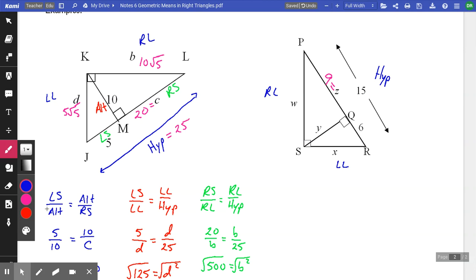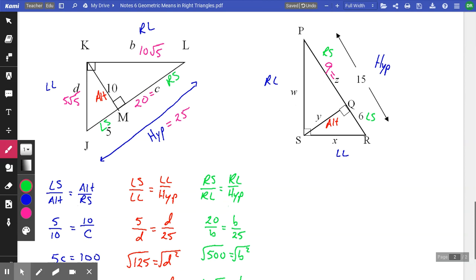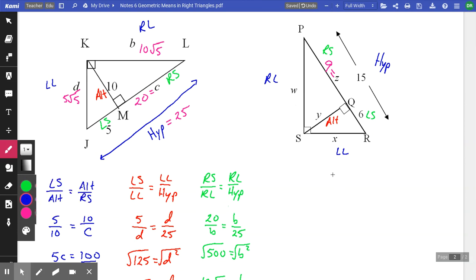Okay, the segment going through the middle is always the altitude. And the other two segments are called the left segment and the right segment. And really what matters here is that the right leg and the right segment are both in the same triangle, and the left leg and the left segment are in the same triangle. Okay, so you have 3 formulas that you can use, and they're the same 3 as they were before, where we have our left segment over altitude equals altitude over right segment.